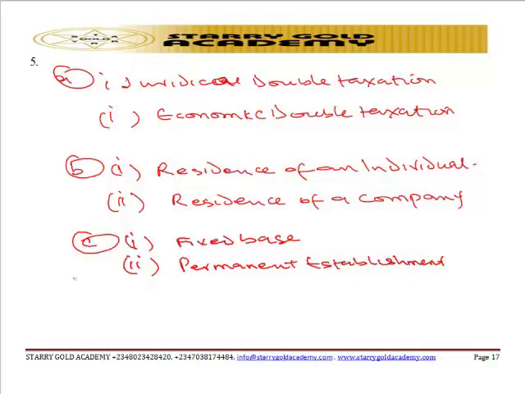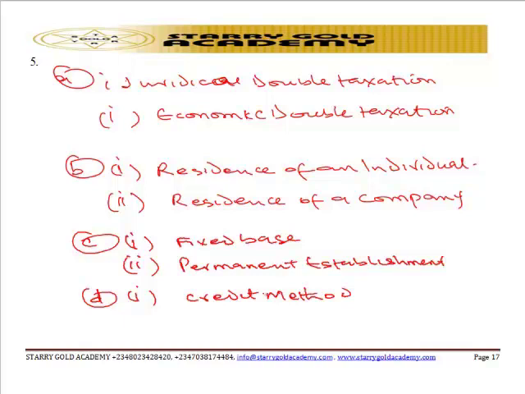Then the D part of the question is comparing one, credit method under double taxation relief method. What's credit method? The credit method of double taxation relief gives credit for tax paid in the country of source against the tax due on the worldwide income of a resident. The credit is given as a deduction from the tax due in the state of residence.